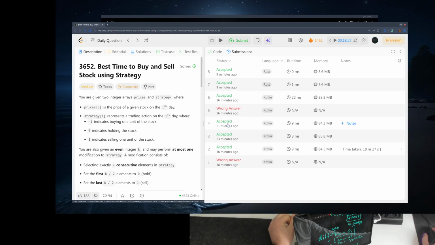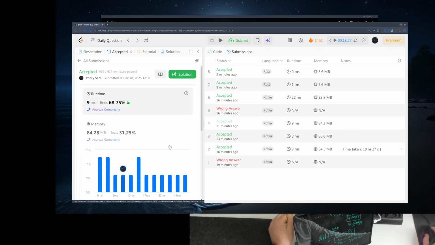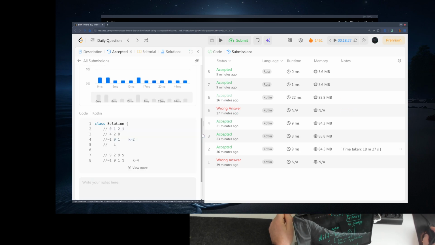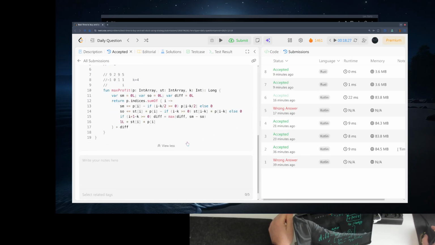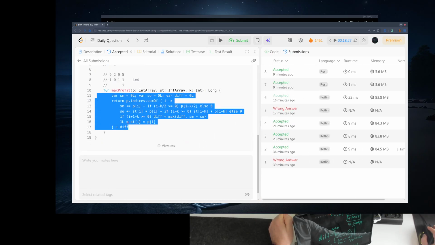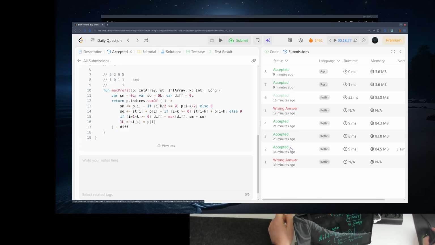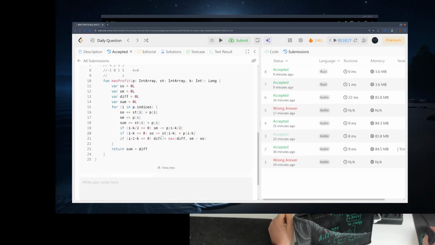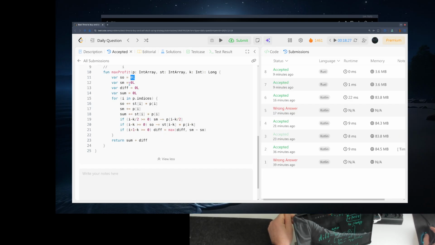So my final Kotlin version, let's look at it. It looks like this. I kind of compressed this entire algorithm, but let's make it step by step. So instead of using arrays, I just use variables. You can always compute the window sum with just a single variable.